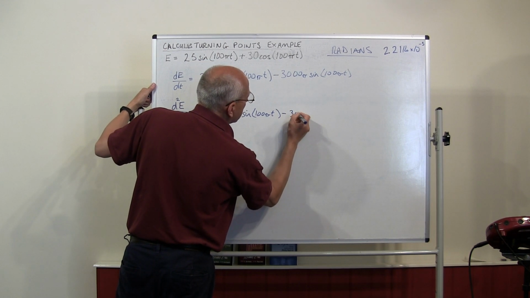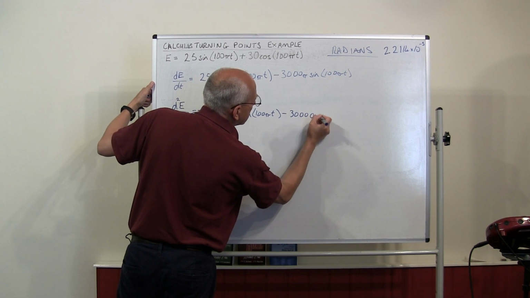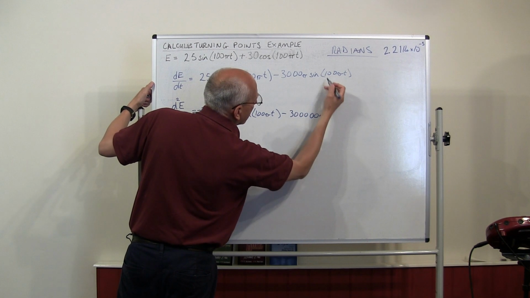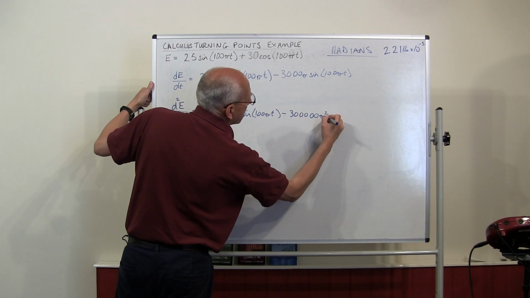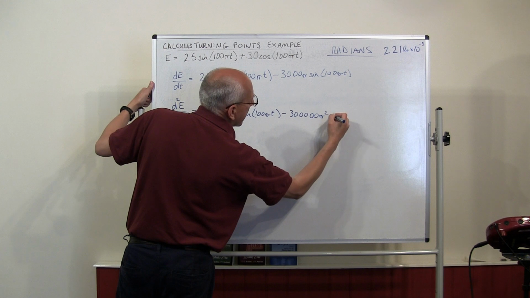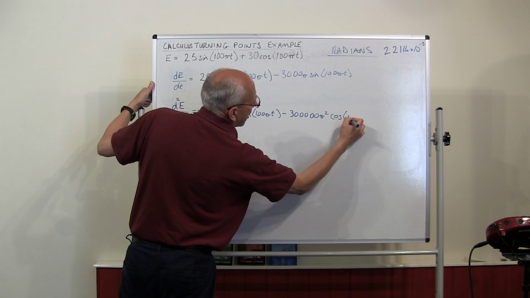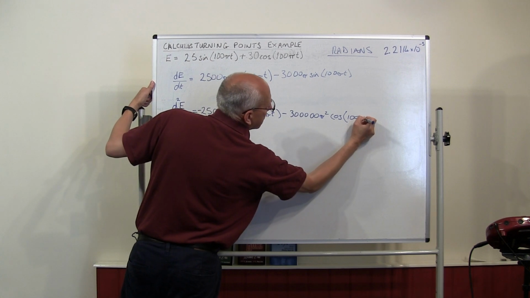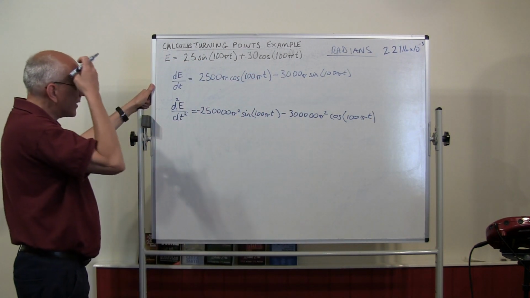So this is 3,002 zeros added on with that 100 squared, and then pi squared, and then the cosine this time, 100 pi t. So that's it differentiated twice.